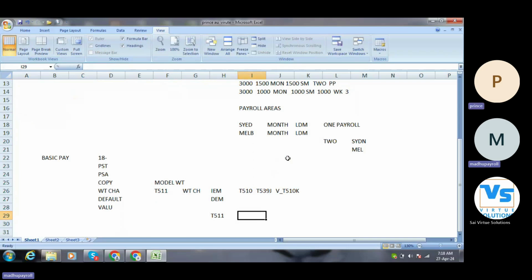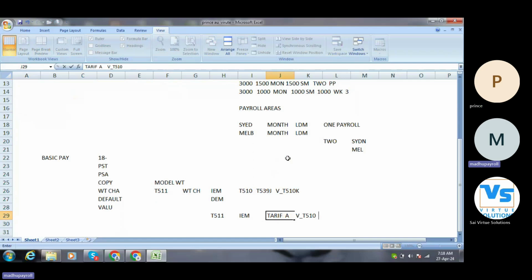In the T511 table, if you specify an indirect evaluation module, like in India, INVAL A, INVAL B, INVAL C, INVAL D. But other than India, here there is TARIFF A. Whenever you maintain a TARIFF A wage type, the wage type amount you have to maintain in the V_T510 table.